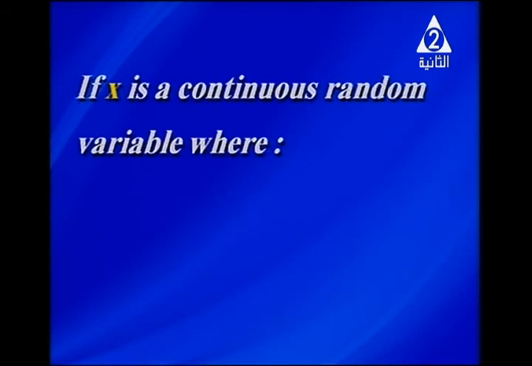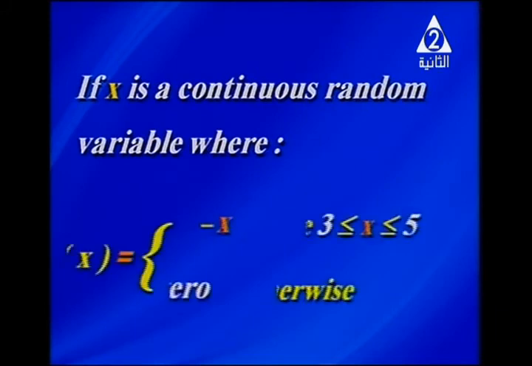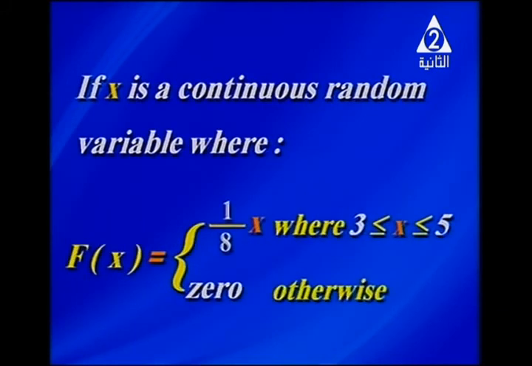Now we move to another example. If x is a continuous random variable where f of x equals 1 over 8x, where x is greater than or equal to 3 and less than or equal to 5, and 0 otherwise. Dear student, we have a continuous random variable.